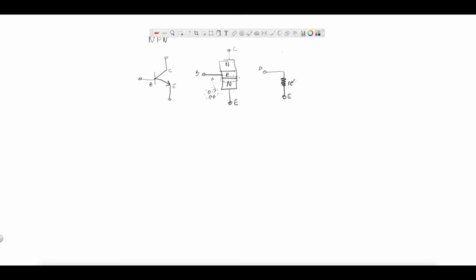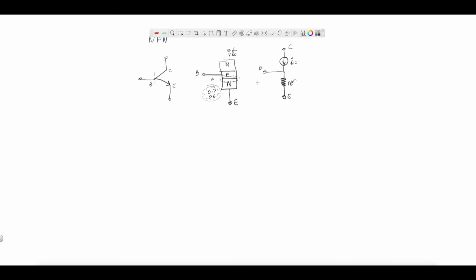What else do we know about transistors? If we do achieve this voltage here, that means the transistor is biased properly, and we should have a current IC. Let's do it in lowercase, since we are dealing with AC signals. That IC, think of it as a current generator. So here's our IC as a current generator, and here is our collector.